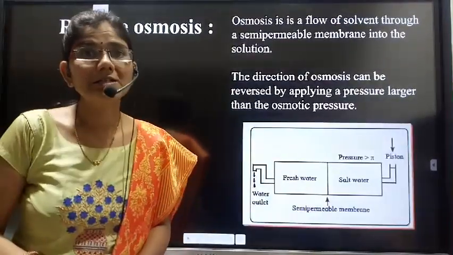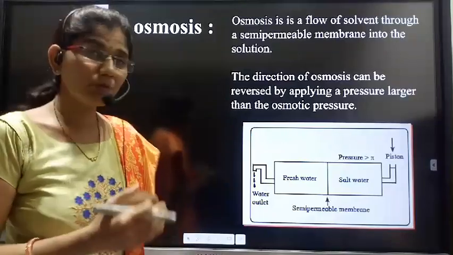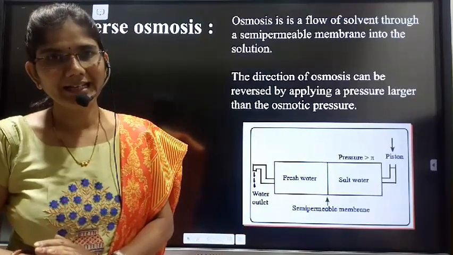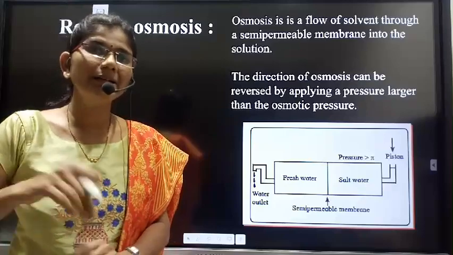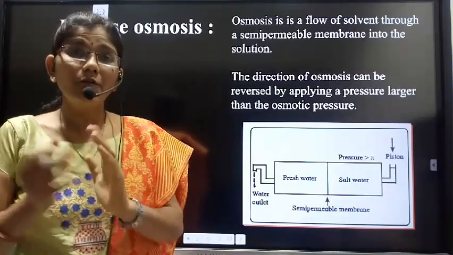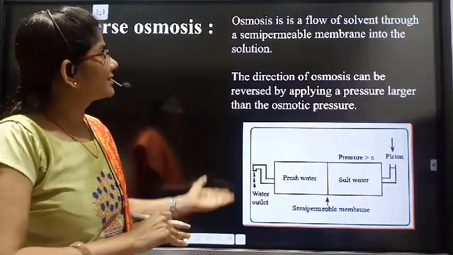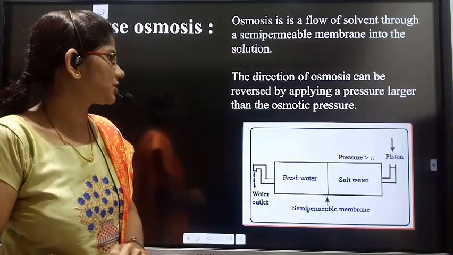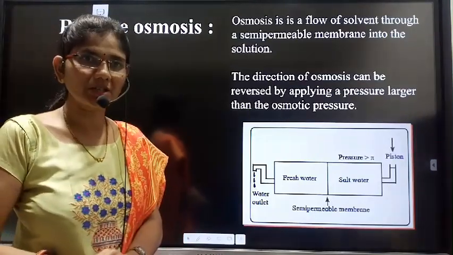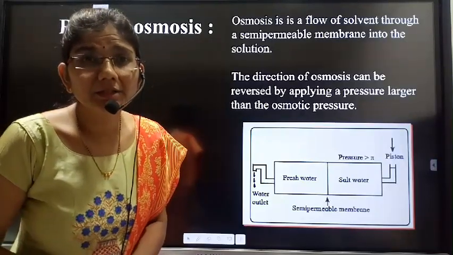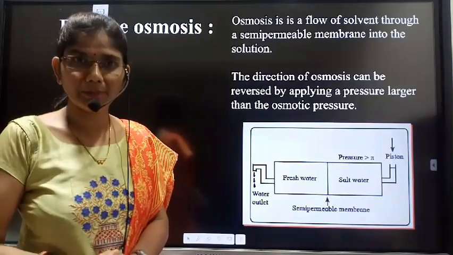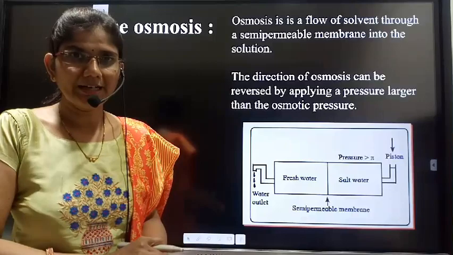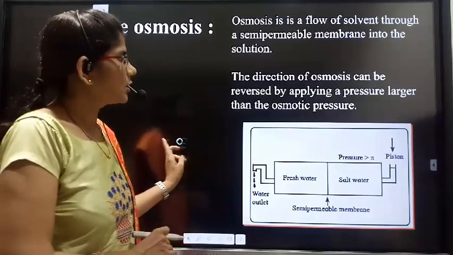So dear student, what is meant by reverse osmosis? Osmosis means the flow of a solvent from solvent to solution, and reverse osmosis means that by applying a pressure there is a flow of solvent from solution to solvent. That means the direction of osmosis can be reversed by applying a pressure larger than the osmotic pressure, and therefore it is called reverse osmosis.